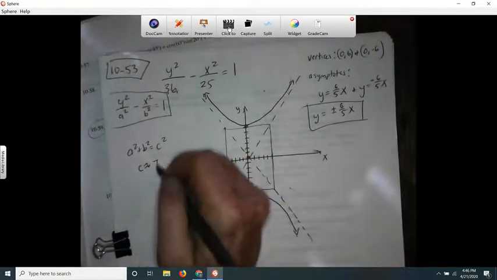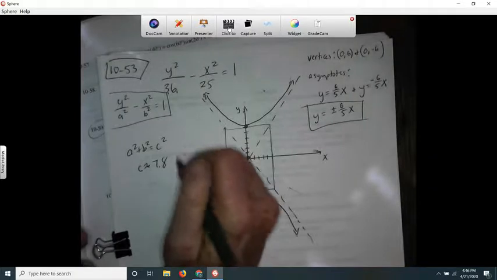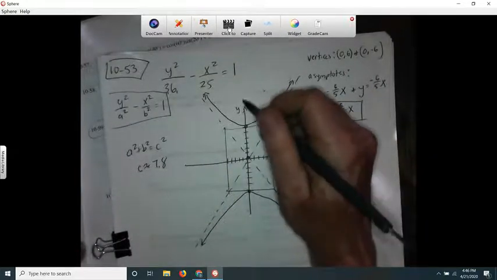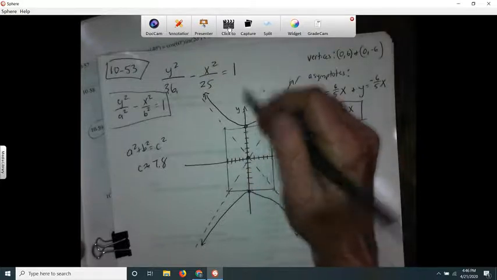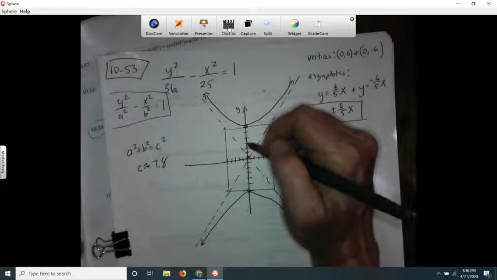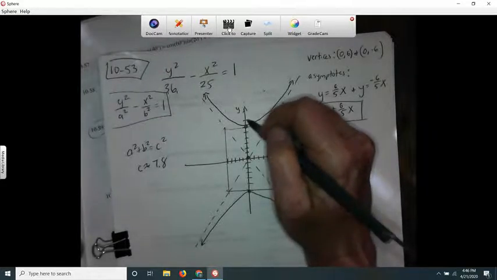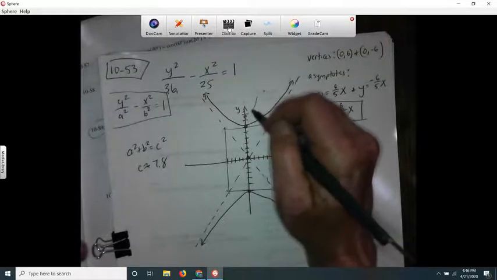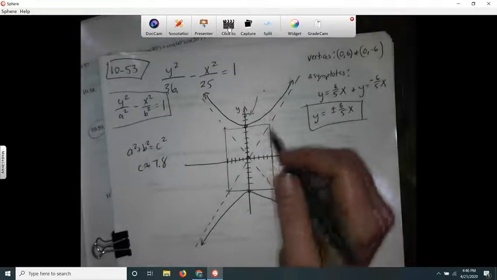So the distance c, they didn't ask you this, I'm just showing you because I think someone asked about this in class. So I would want to go along the major axis, 5, 6, 7, 8. So 7.8 is right in there. That's your focus right there. I wasn't even asked for it.